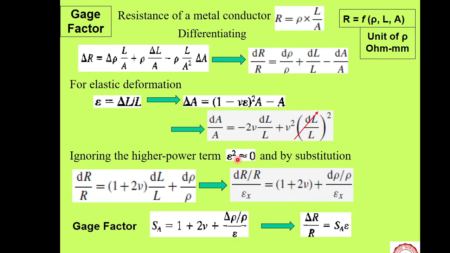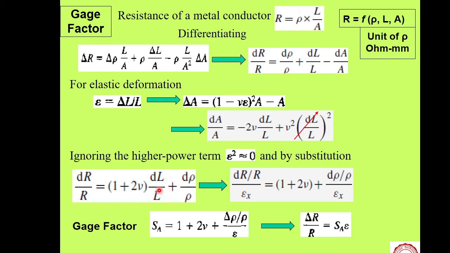And by substitution, this dA by A we are substituting here. So what it would be? Minus twice nu dL by L, right? Now observe, from here we had a dL by L and this is becoming plus twice nu dL by L. So it is 1 plus twice nu dL by L plus d rho by rho. Very clear.